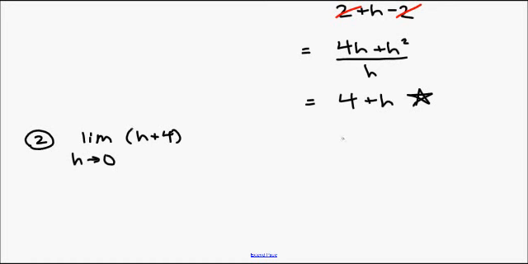So this is from here. And you know that the quick way to find this limit is to just plug in the 0. And we get 4. So the limit of this is 4.